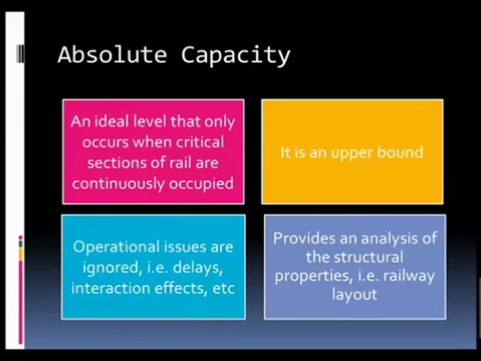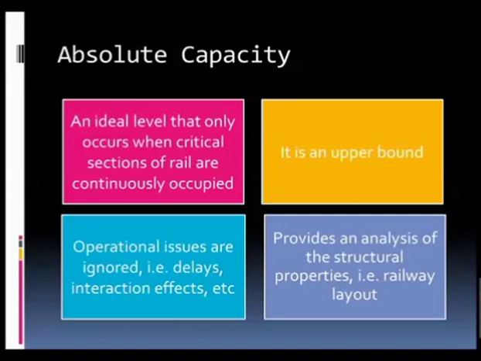So my viewpoint on capacity is we're actually working at what's called absolute capacity. Absolute capacity is an upper bound on operational capacity. Other people have called it different things; absolute is pretty much my name for it.